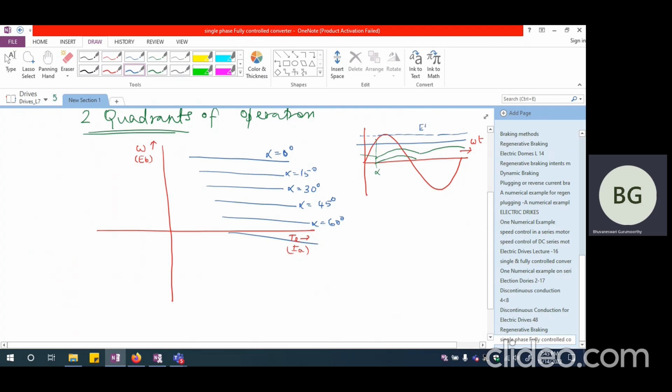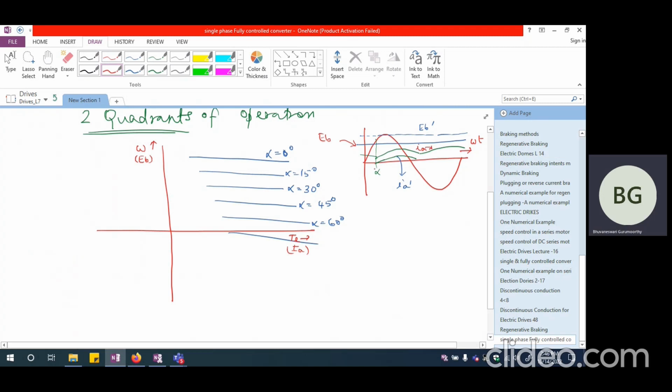So this is EB dash, and this is going to be IA dash. Whereas this is going to be EB original, and this is going to be the corresponding IA.